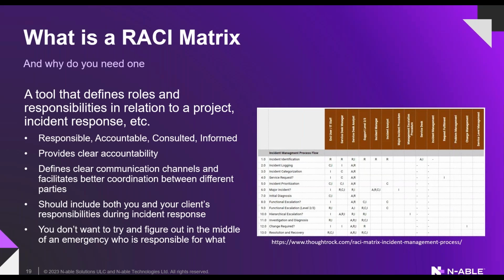Therefore, they are responsible for anything and everything that could possibly be involving or adjacent to computers, when that is not what your contract or your managed services agreement says. Having a well-established RACE matrix puts a little bit of heat on them to make them fully understand and grasp what their responsibilities are.